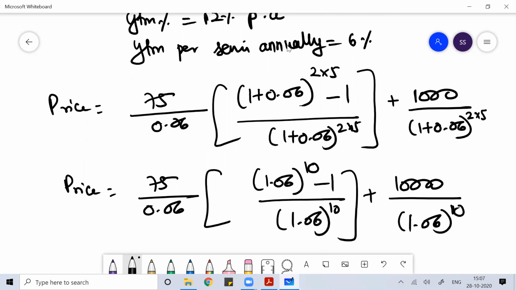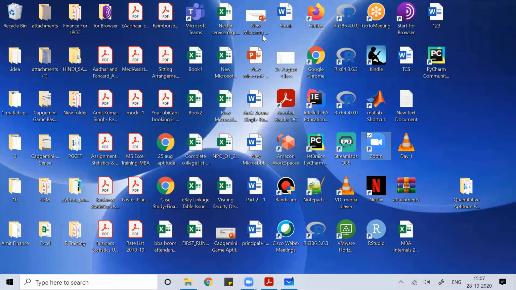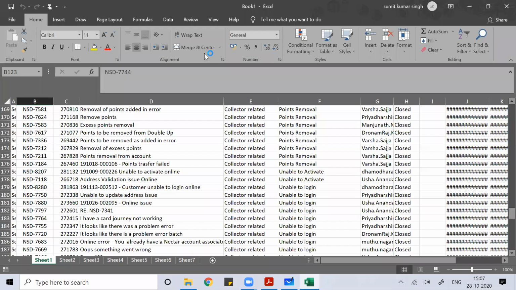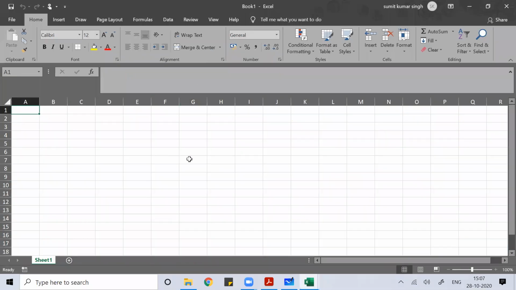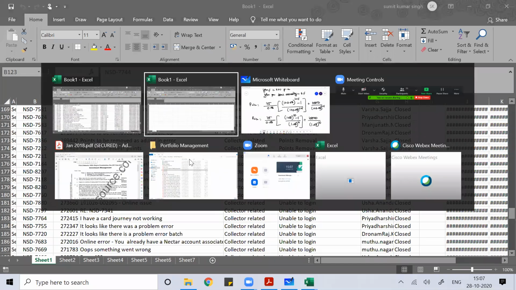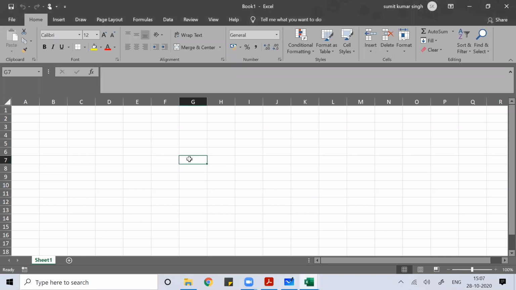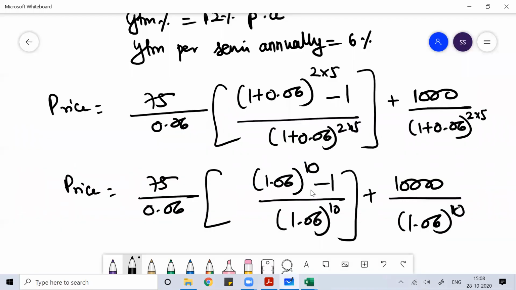Okay, so what I can do: the value of 1.06 to the power 10 will be given to you in the exam. That is 1.790848.